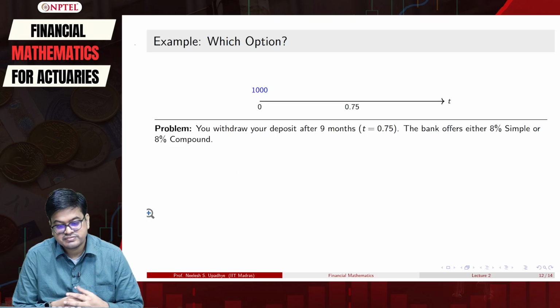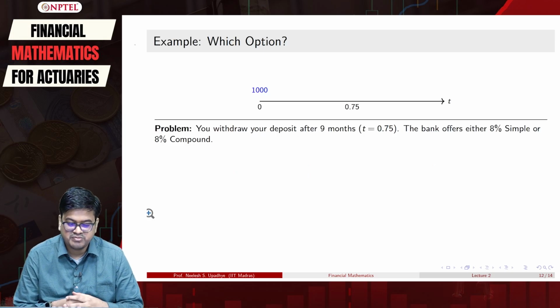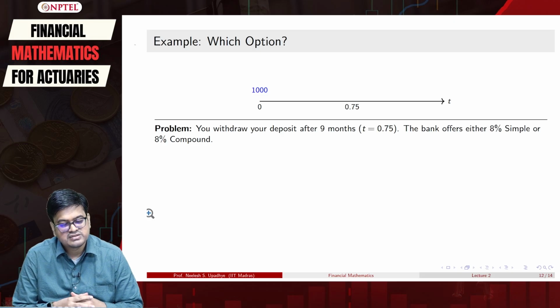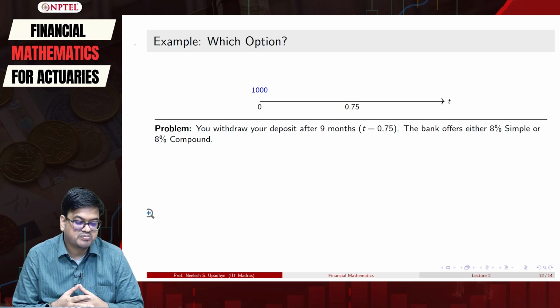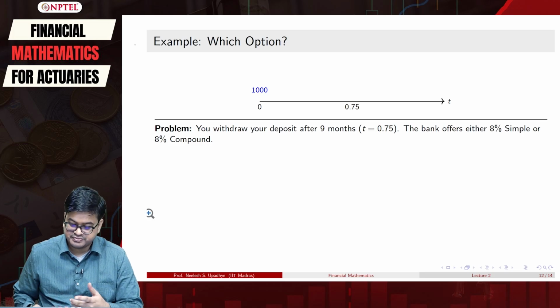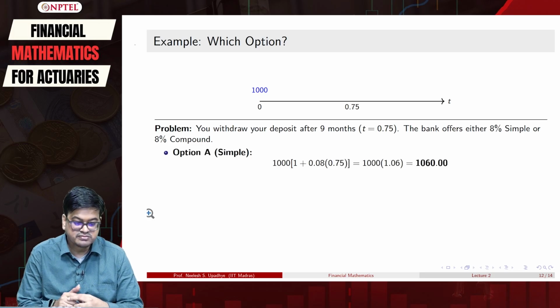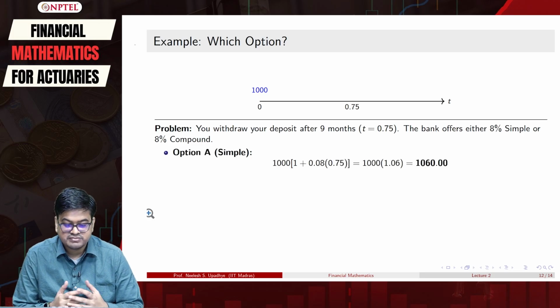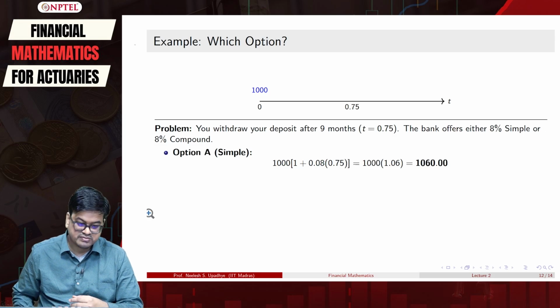And now, given this problem, I have made it very clear. If you look at this problem, you withdraw a deposit after 9 months, and the bank offers 8% simple or 8% compound. Which one will you prefer, right? Option A, the simple interest rate, will pay me 1060.